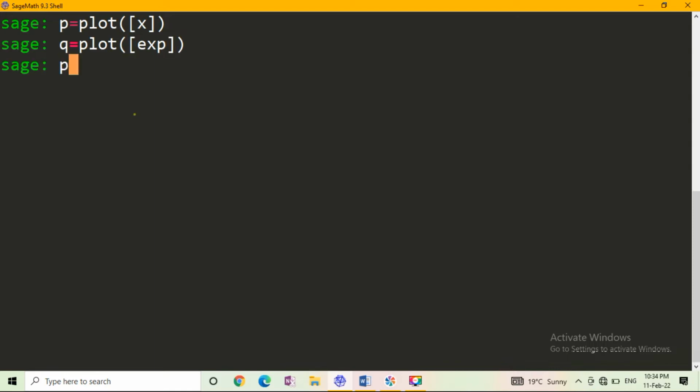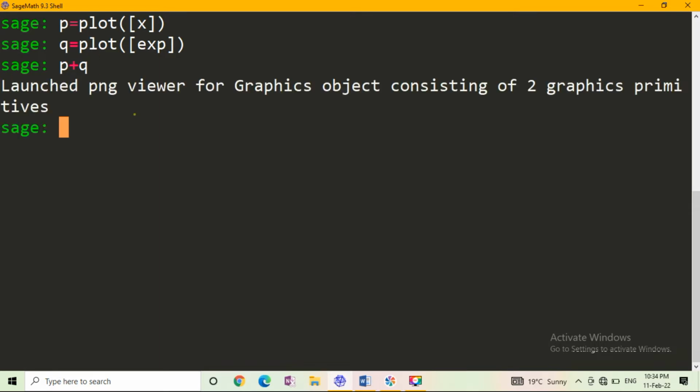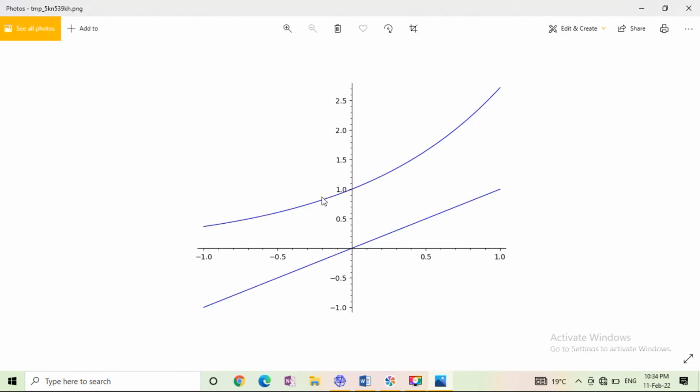Next you write p plus q, and then you press the evaluate button on the Sage Cell server, and in the desktop version you press enter. After that you get the graph of these two functions.